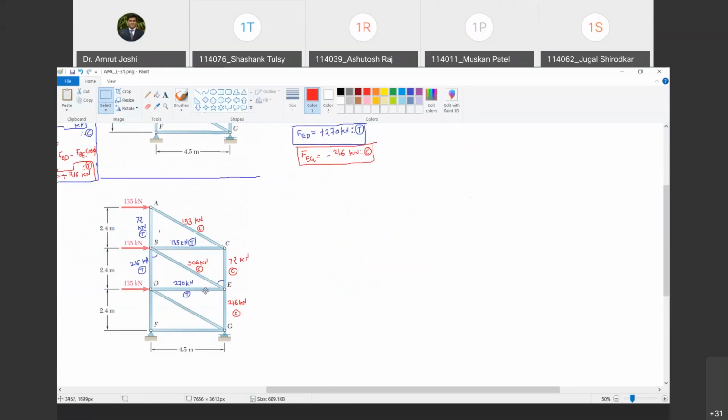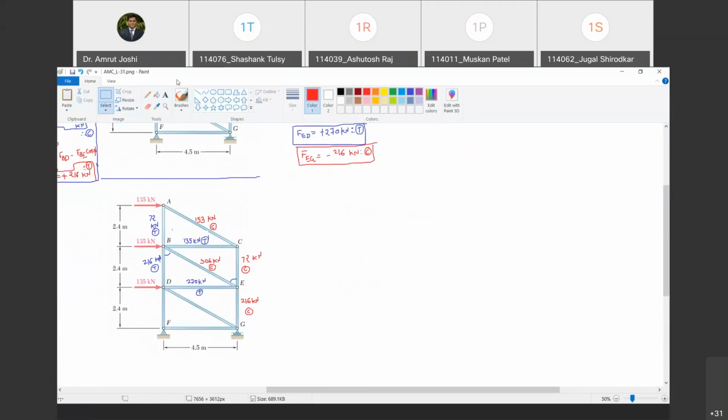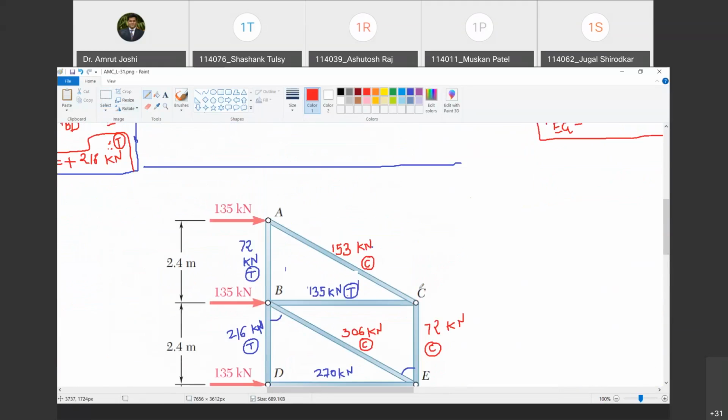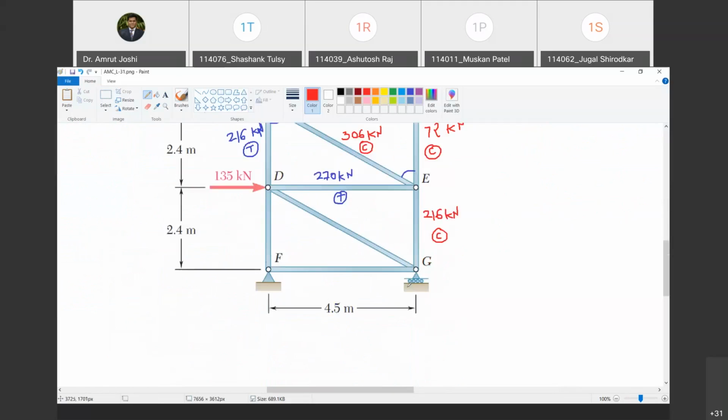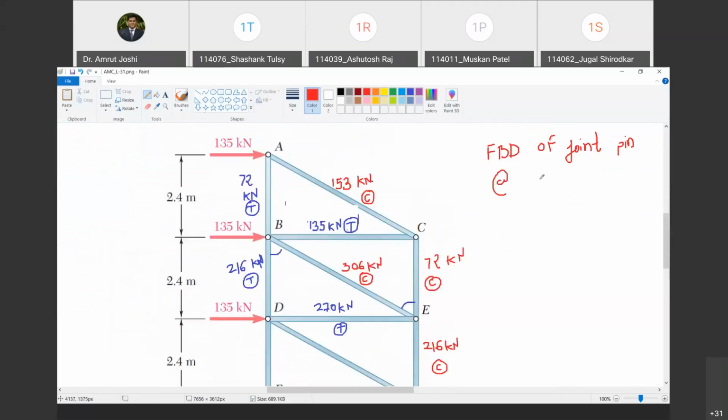The next thing that we are going to do is draw the free body diagram of the joint pin at D. So this is the joint pin at D. Free the pin from all external agencies.